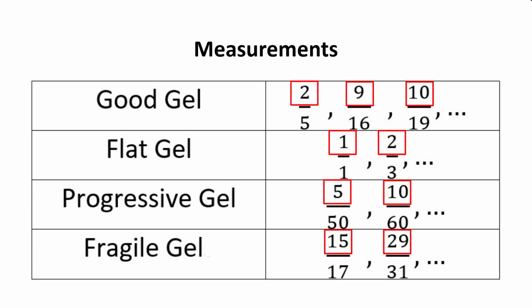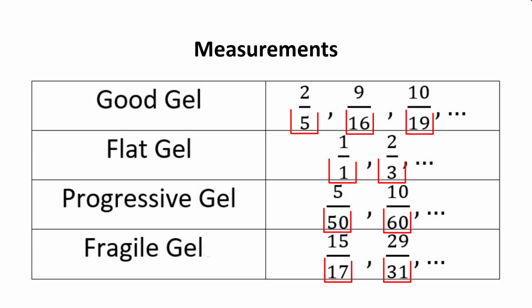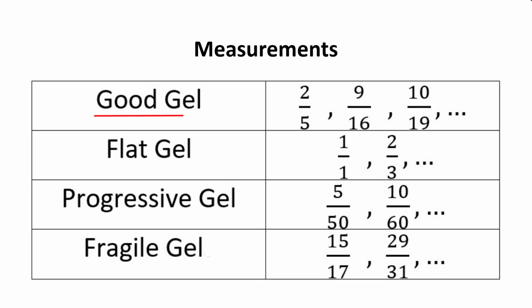Here the first number refers to the 10-second and the second number refers to the 10-minute gel strength. Depending on the variation of the values, the gels can be classified as good gel, progressive gel, flat gel, and fragile gel. Example values for good gels, flat gels, progressive gels, and fragile gels are shown here.